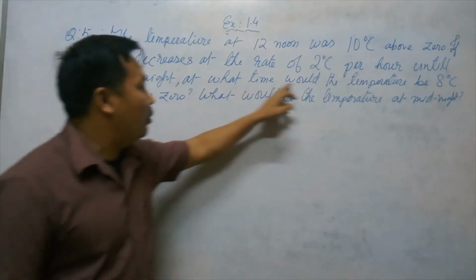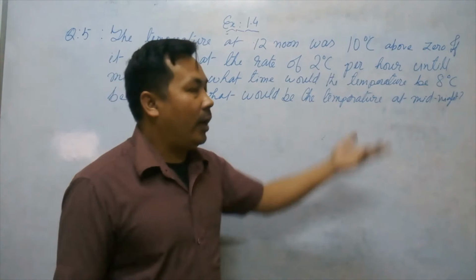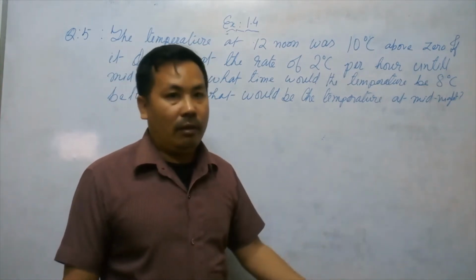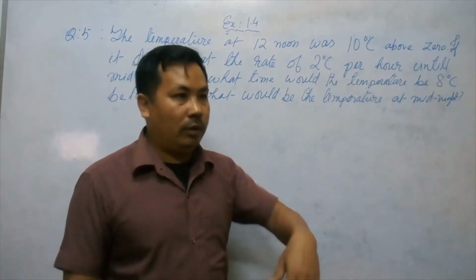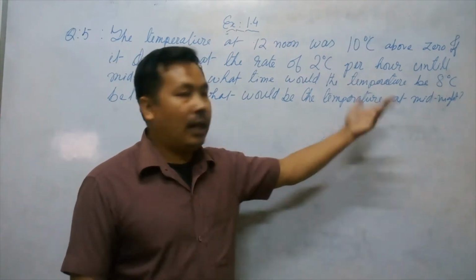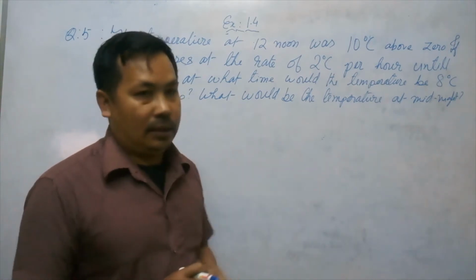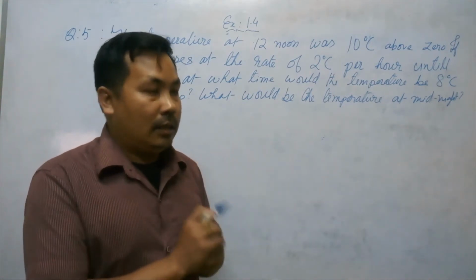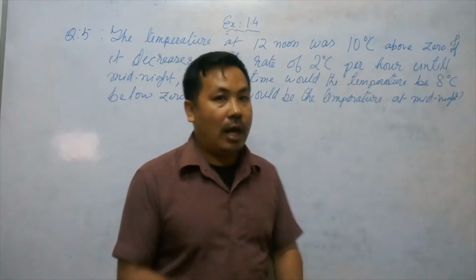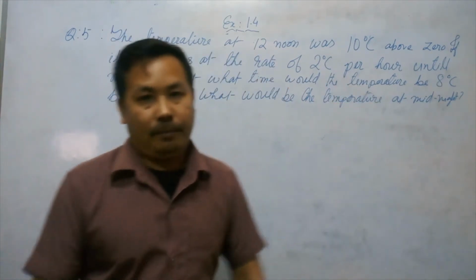At what time will the temperature be 8 degrees Celsius? This is not at midnight, but somewhere in the evening or night, there will be a certain time when it is 8 degrees Celsius.